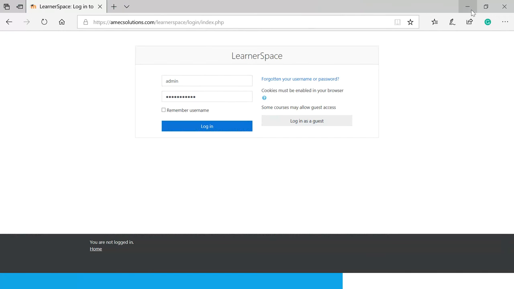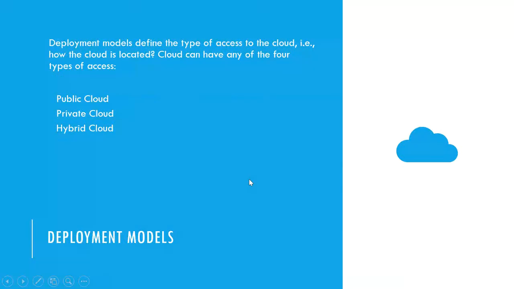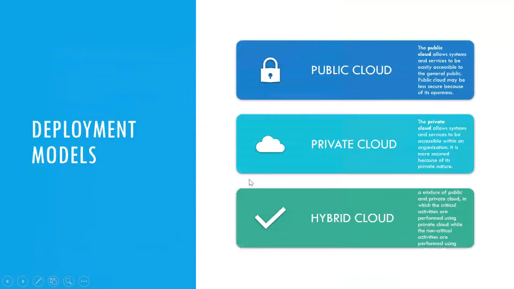So these are the three deployments we use, and these are the definitions. Public cloud allows systems and services to be easily accessible to the general public, and it may be less secure because of its openness.